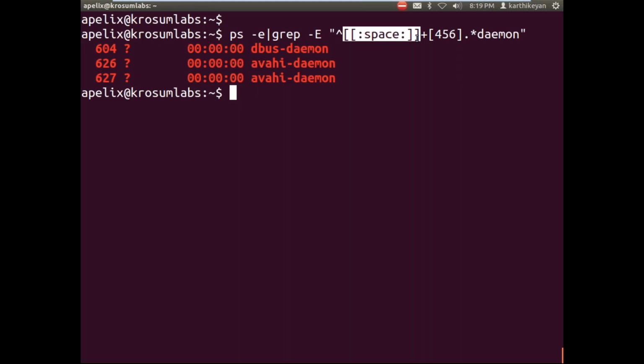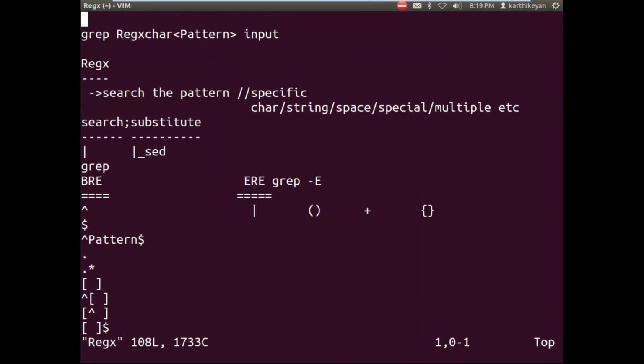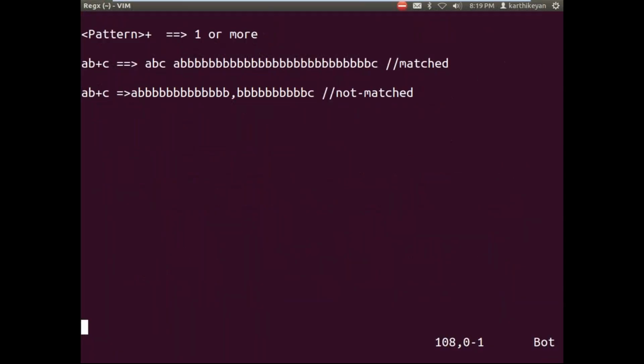Here we use the plus symbol, and the last one is called the curly braces. We can use the term range operation. Range means we can write it three ways. One is the given pattern repeated n times.